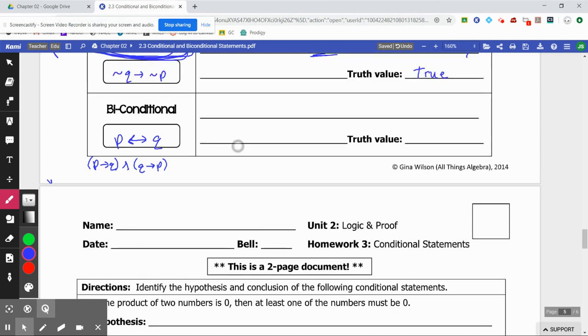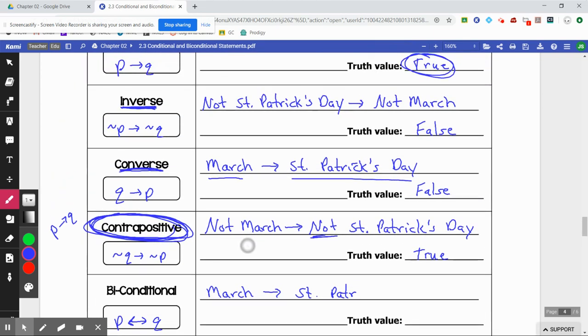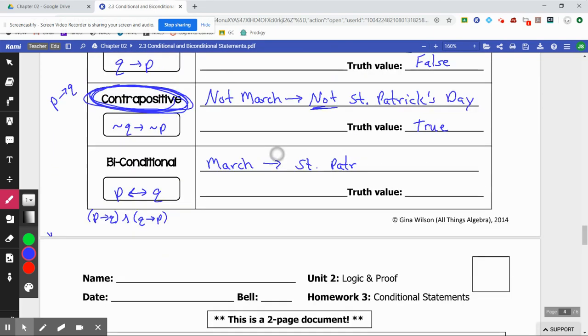Well, the original statement was, if it is St. Patrick's Day, then that implies that it is March.